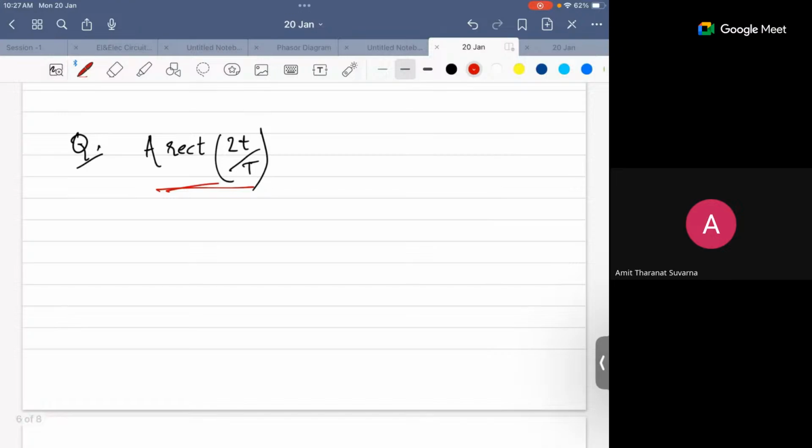A times rect of 2t upon tau. What we are doing here is replacing t with 2t. Whenever we replace t with 2t, does it expand or compress? It will compress, because all the axis will get divided by 2.